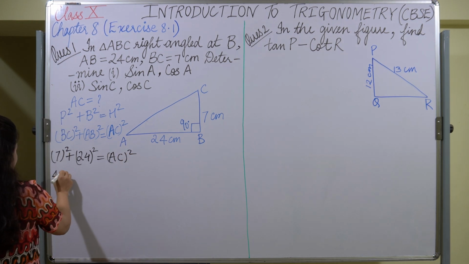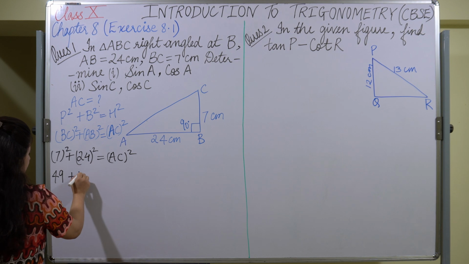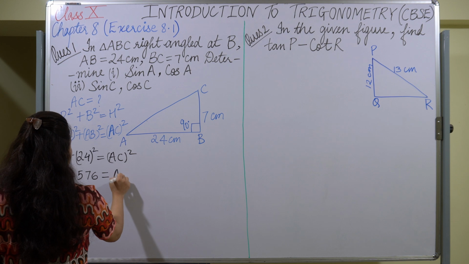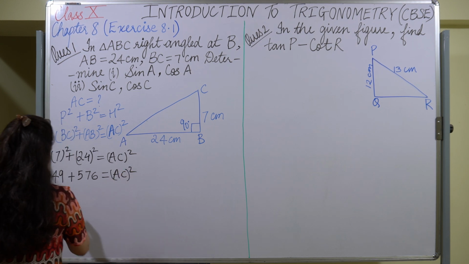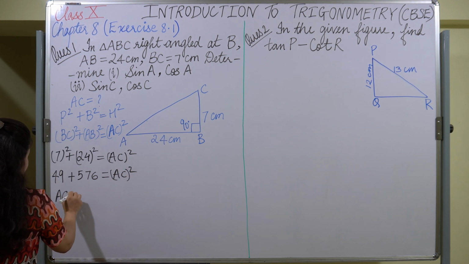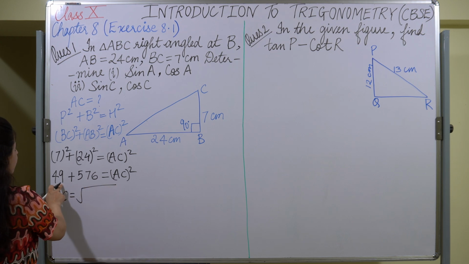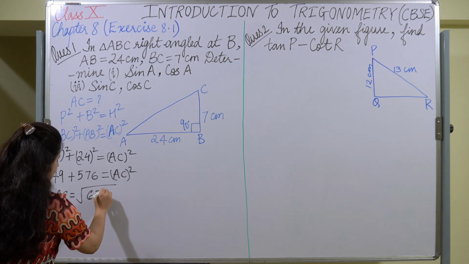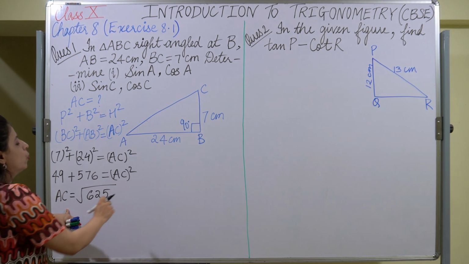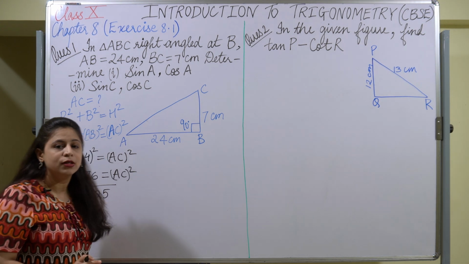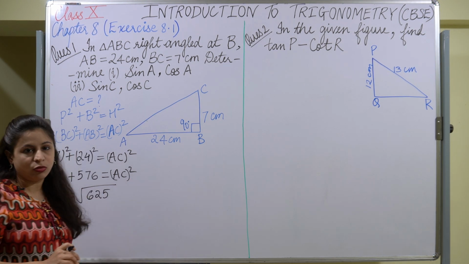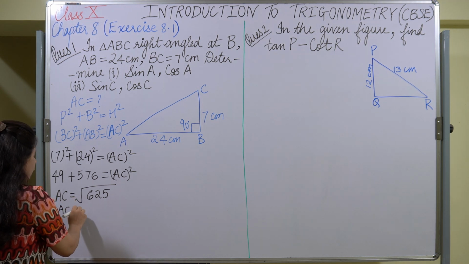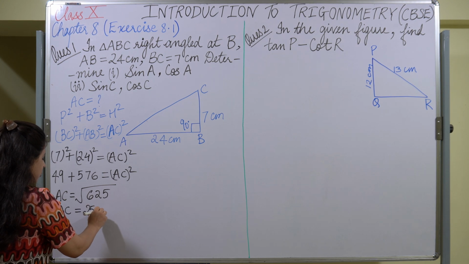After squaring, here we will get 49 plus 576 is equal to AC square. So AC will be equal to under root, adding 49 and 576 we get 625, and then taking the under root because AC has a square on it, we get the value of AC to be 25 centimeters.